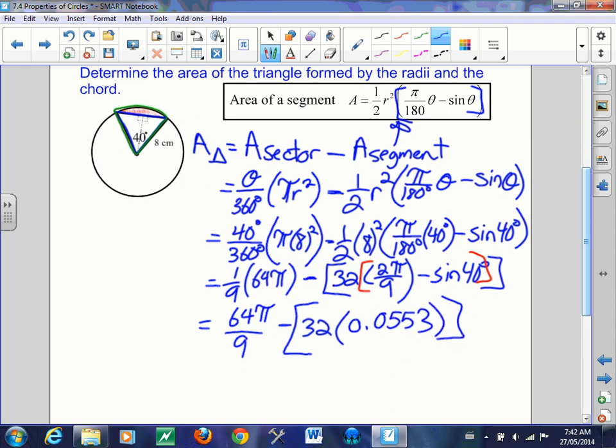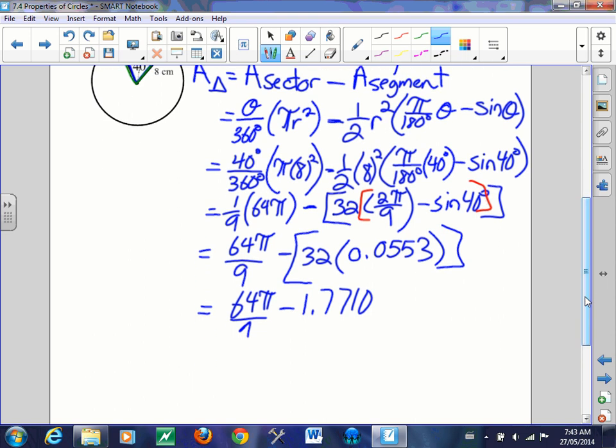0.0553. Okay, simplifying through, that's still 64 pi over 9, subtract, now times that answer by 32, and you'll get 1.7710. Keep some decimals, folks, because you don't want to round too early. Now plug it all in your calculator, and you're going to get a grand answer of 20.6 centimeters squared.